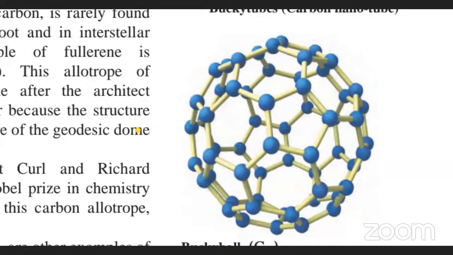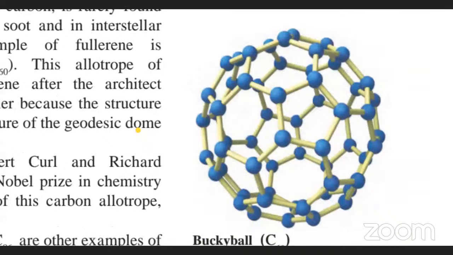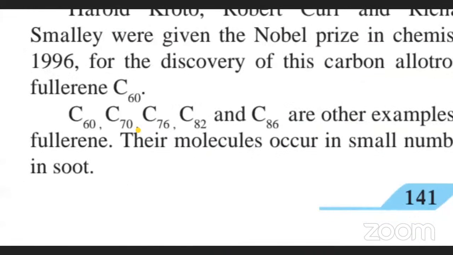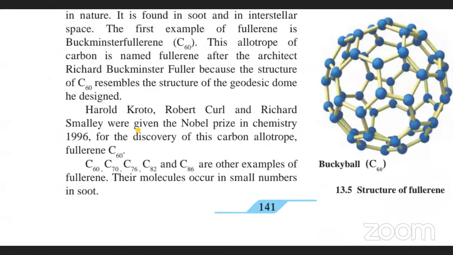Yes, 60 carbon atoms are present here. Not only C60, fullerene can be made up of different proportions. Like here, see, it is given C60, C70, C76, C82, C86. So these are the different forms of fullerene which are available, depending upon the number of carbon atoms.